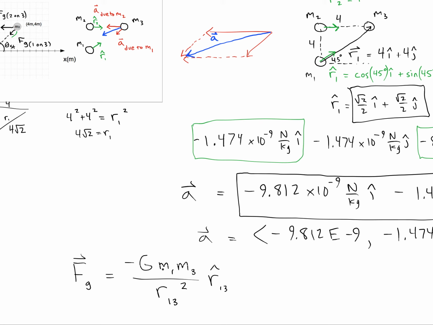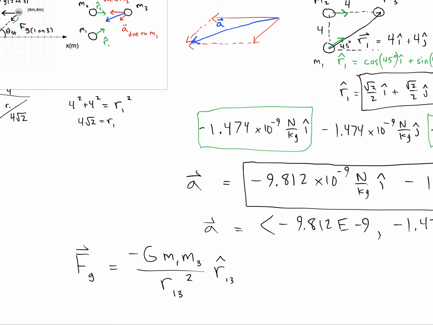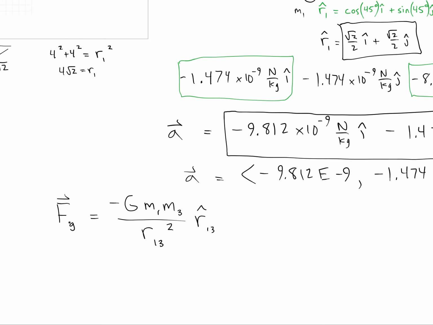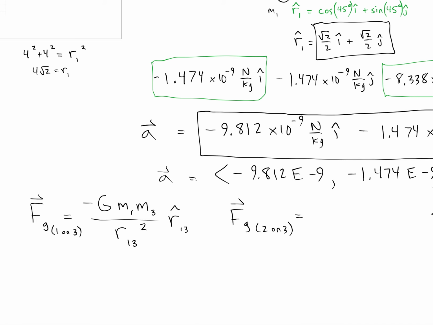As you can see, now it includes both a M1 and a M3. Okay, so that would be the force of gravity, I should say, 1 on 3. But you could also have a force of gravity of 2 on 3. See, they both can contribute. It's called superposition when they both contribute and we have to add them as vectors.